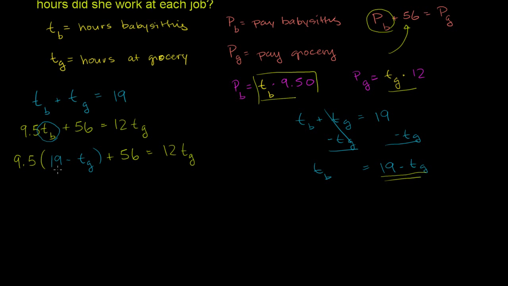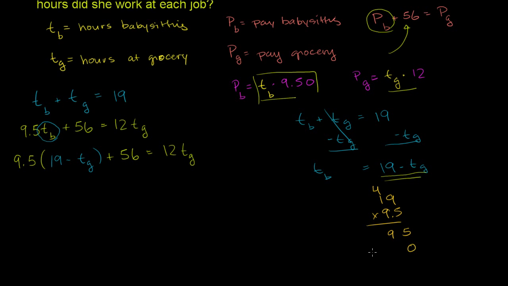So 9.5 times 19. That's a little bit hairy. Let me just do it over here on the right side. If I have 19 times 9.5, 5 times 9 is 45. 1 times 5 is 5, plus 4 is 9.